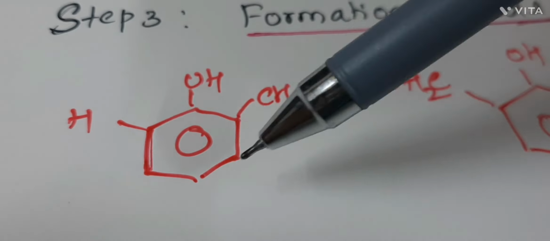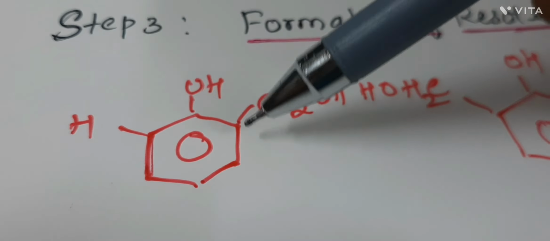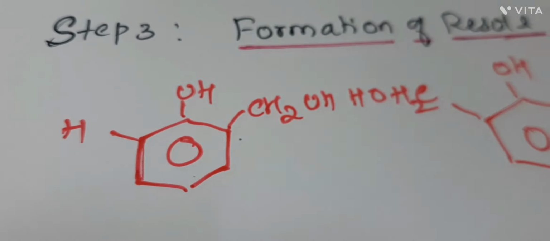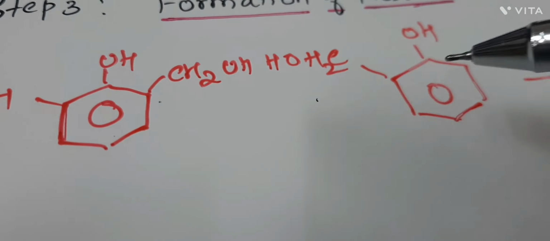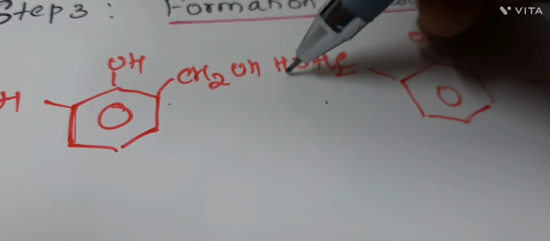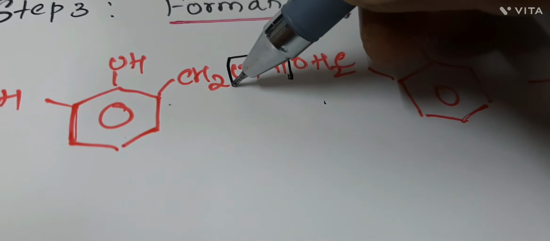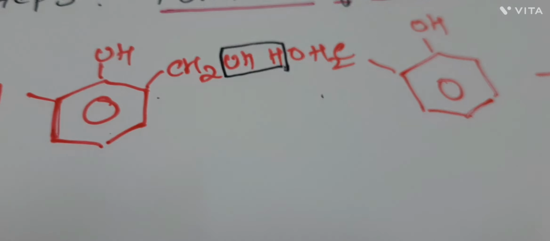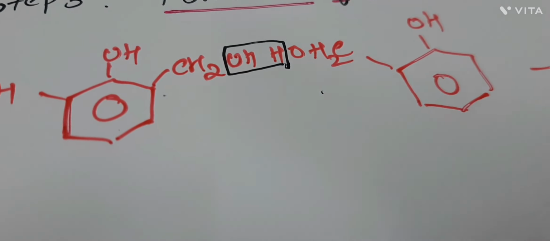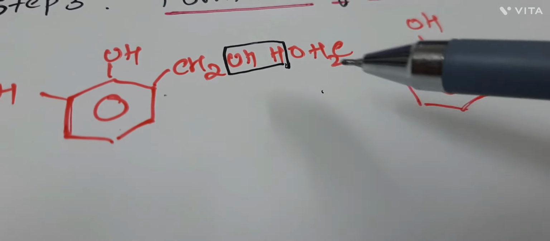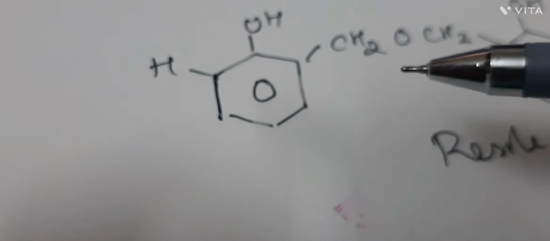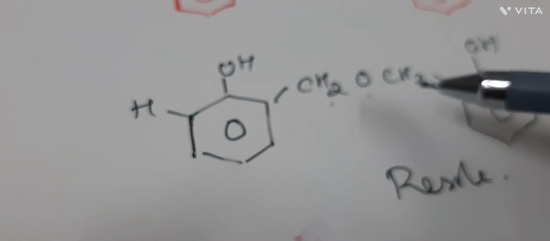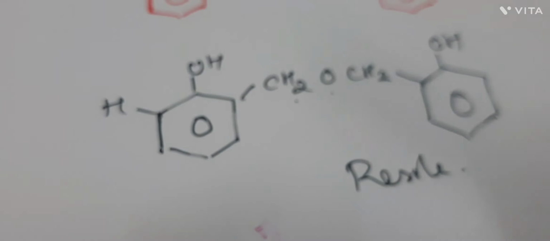Next let us see about the third step, which is formation of resol. So what I have written here is the monomethyl phenol that is treated with again the monomethyl phenol. Okay, so formaldehyde is not written here. We have to remove water between the two monomethyl phenols, so that the linkage will be ether, that is CH2OCH2 will be the linkage. So this is how we can write the resol structure.